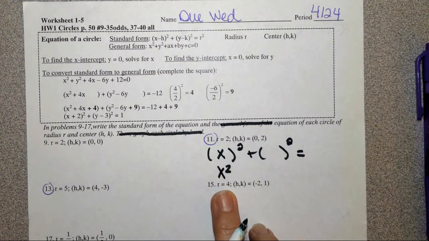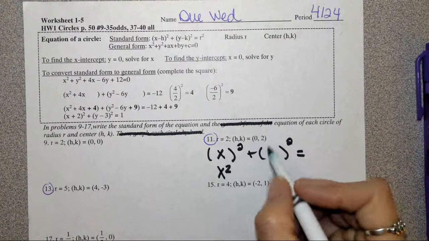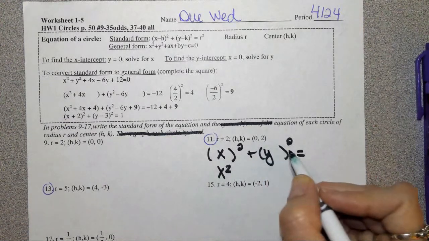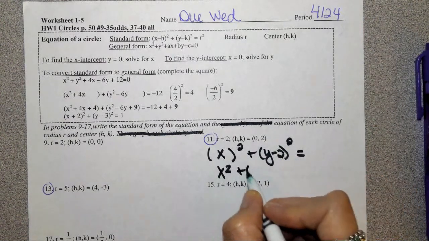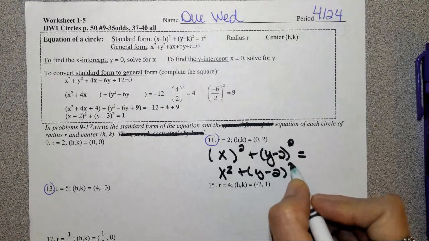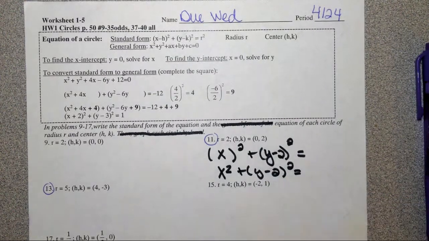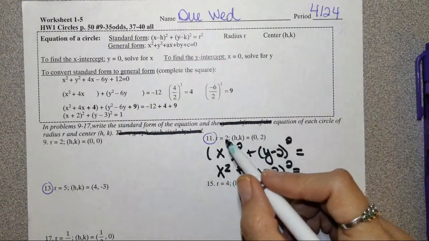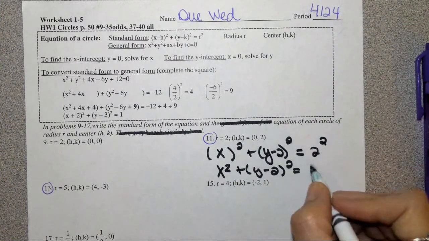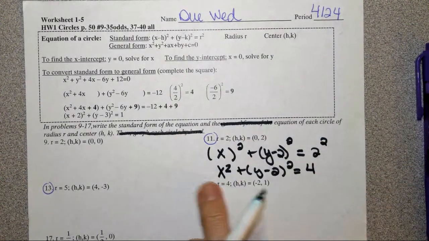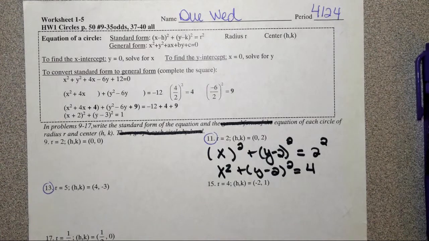I just rewrote it. In the second one, I'm going to have a y what? Minus 2. Minus 2, so I did need that parenthesis. And what is it supposed to equal? R or r squared? 4. So if my r is 2, 2 squared is 4. So the second equation is my final equation. If I wanted you to graph it, you could. I know you could, but we're not going to graph right here.